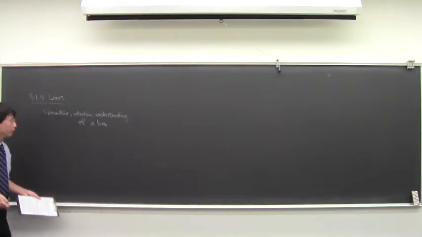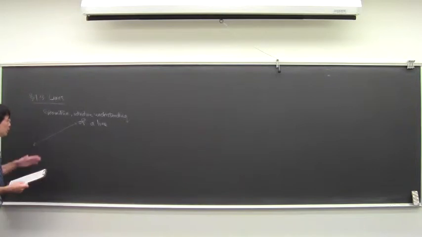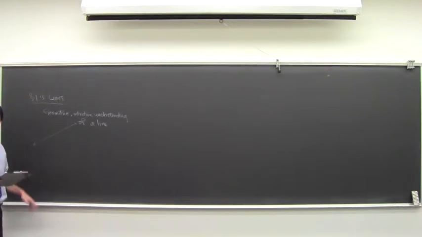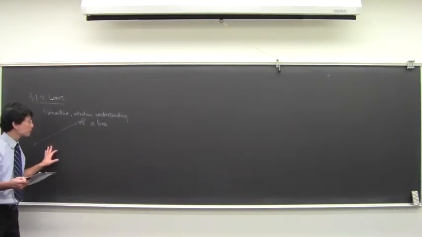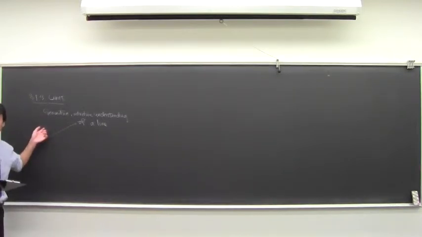Right? You have some idea of what a line is. It extends in two directions, infinitely, and there's no bend to it. It's straight. There's some sort of straightness to it.